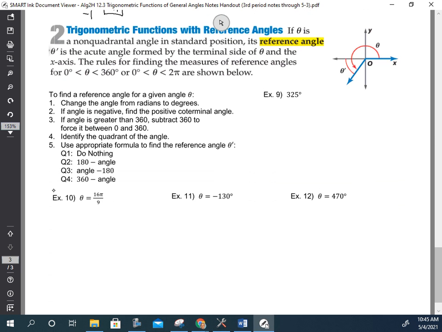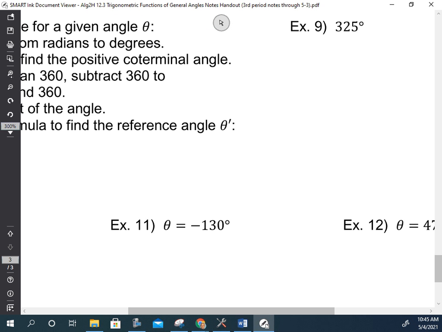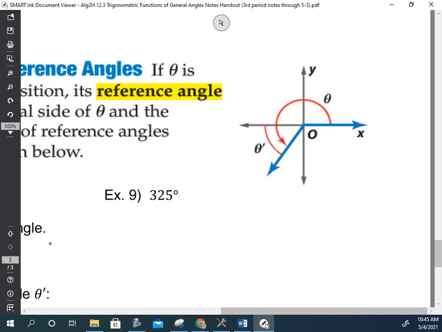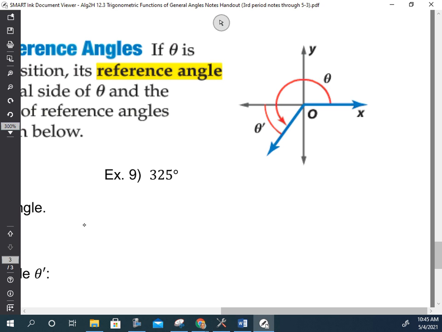So, a reference angle. Here's what is meant by a reference angle. We're going to look at the diagram in the top right hand corner. If you are given an angle that is drawn for you, remember your initial side goes on the positive x-axis, the other side is wherever it ends up falling.